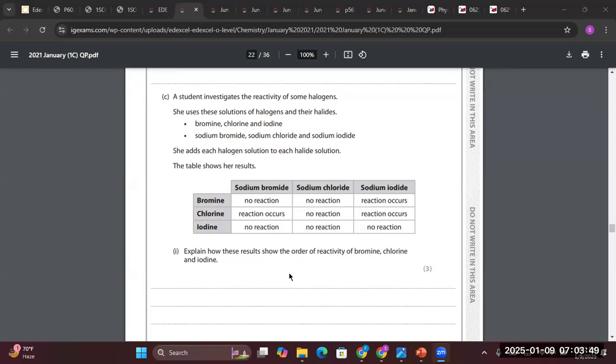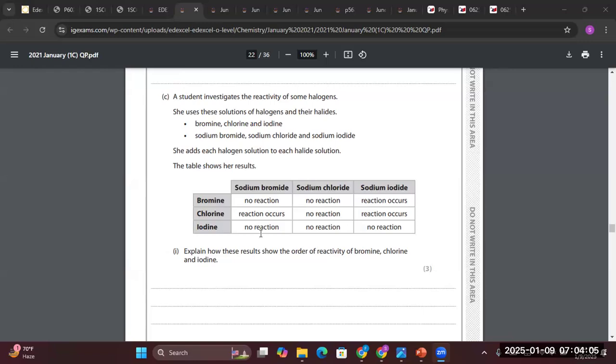Viraj, I'm just waiting on yours. The order would be chlorine, bromine, iodine, because chlorine would displace bromine and iodine would displace bromine. Okay, Hajra, your answer is fine, but you do need to refer a little bit to the table as well.